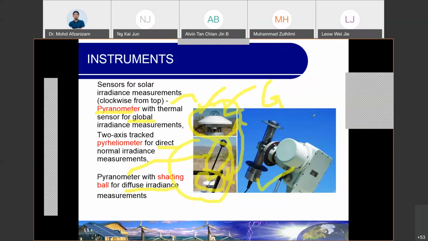We cannot buy the direct instrument, right? Because we know the equation, global equals direct plus diffuse. So if we have the global and diffuse, we can automatically get the direct from the equation. Simple as that.